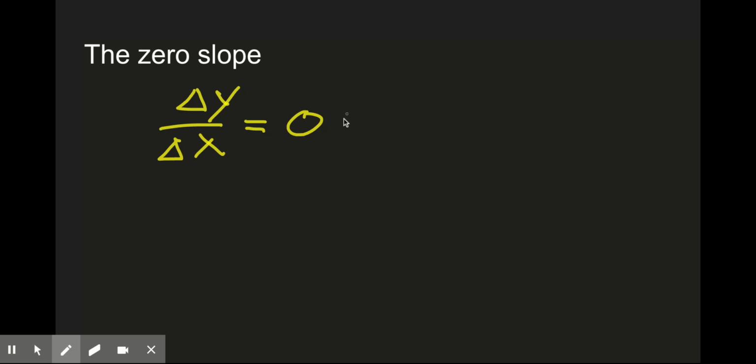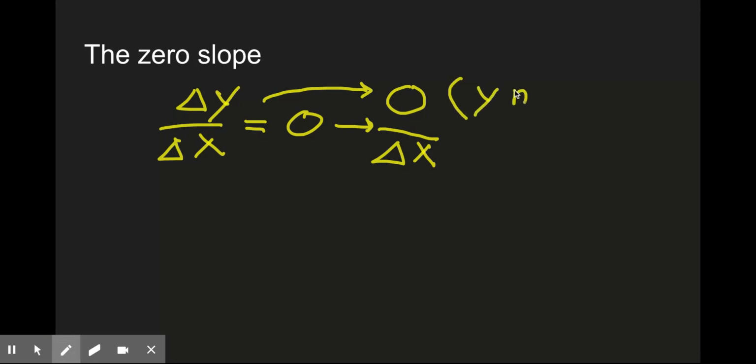And the only way that that is possible is if you have 0 over the change in x. Because 0 divided by anything, no matter what the change in x is, will just be 0. So if you think about a change in y that's 0, that means your y never changes.